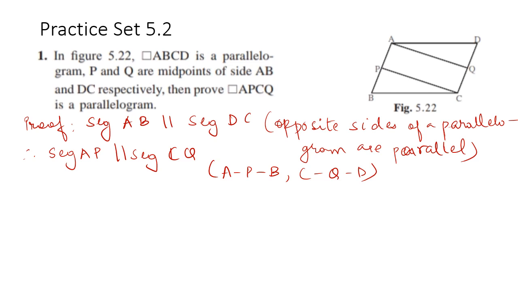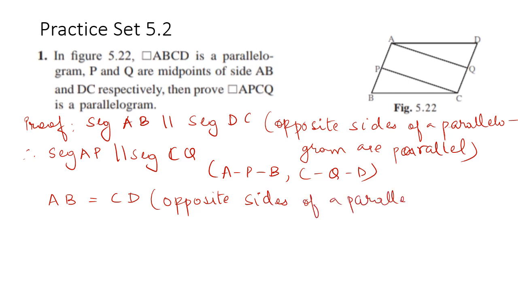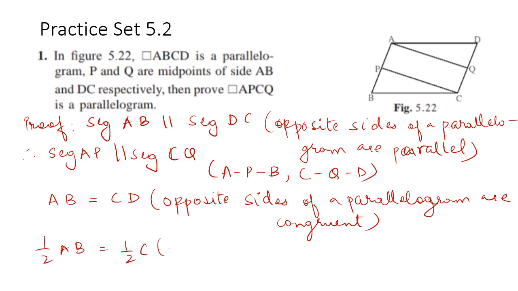Therefore we can say that AB is equal to CD. That is because it is given that it is a parallelogram, so opposite sides of a parallelogram are congruent or equal. So we can say half of AB is equal to half of CD, because we are multiplying half on both sides.